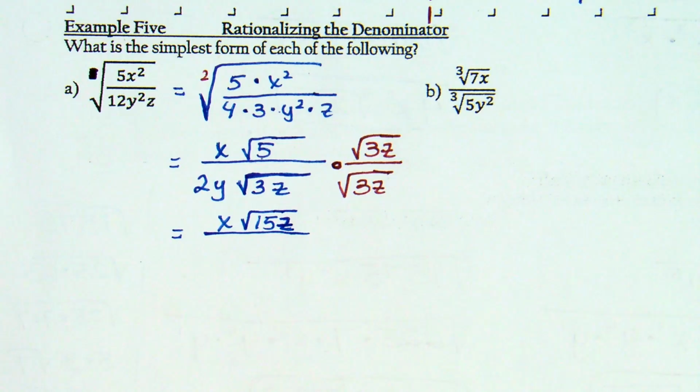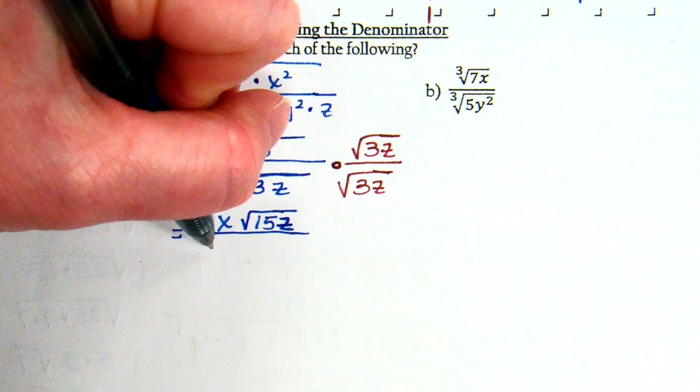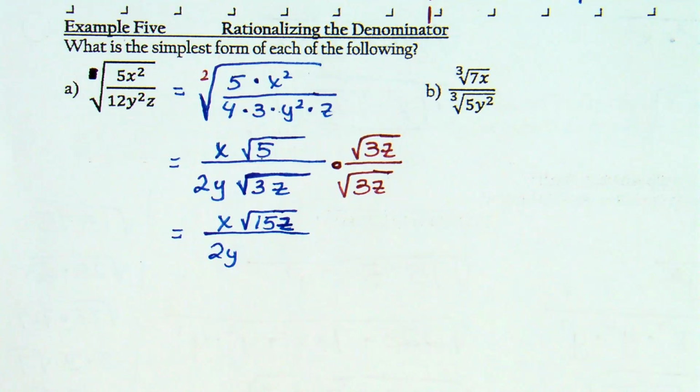Denominator. I already have a 2y outside. What is the square root of 3z times the square root of 3z? 9z squared, so then it goes to 3z.